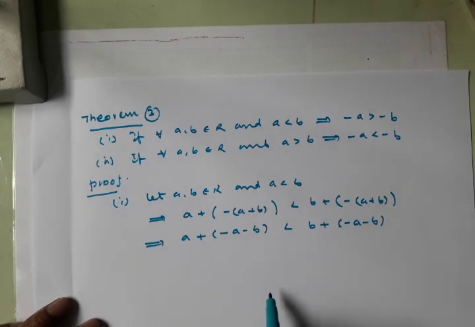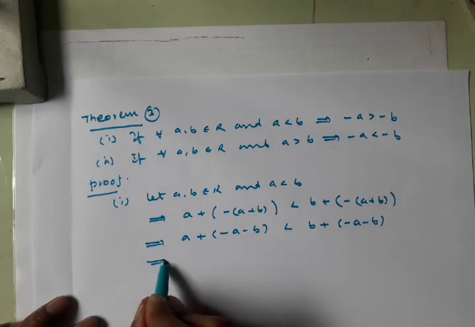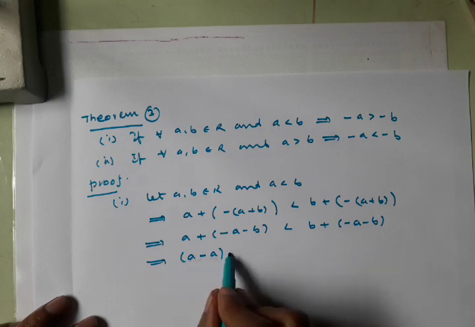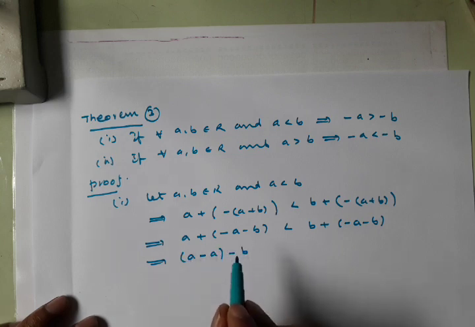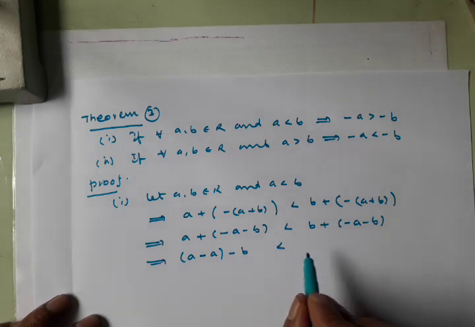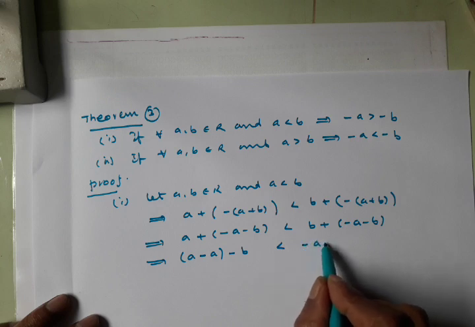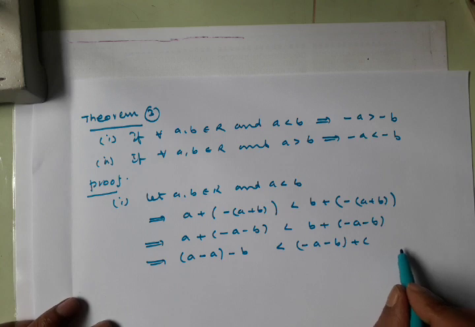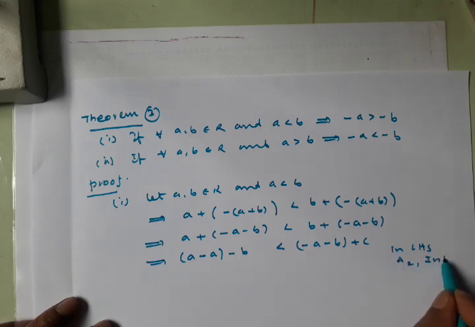The same. This implies in the left side it is to be associative, is less than minus a minus b plus c. So in LHS, A2 we applied. In RHS, commutative we applied, A5.